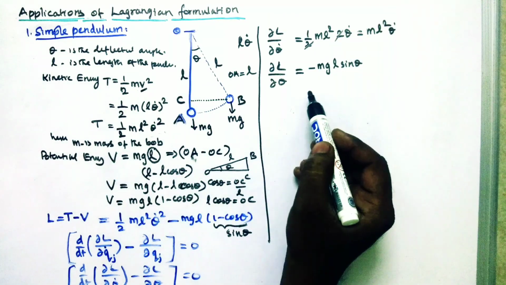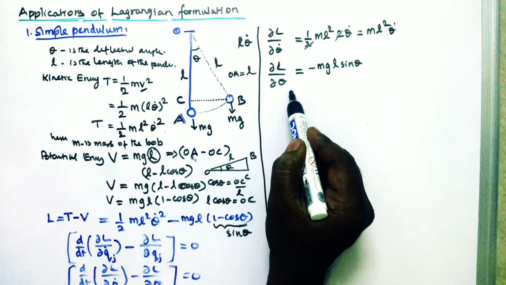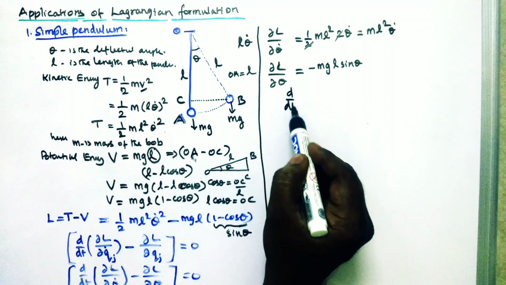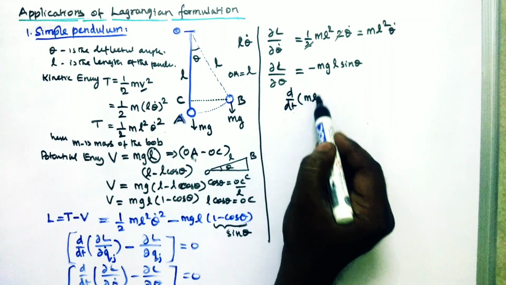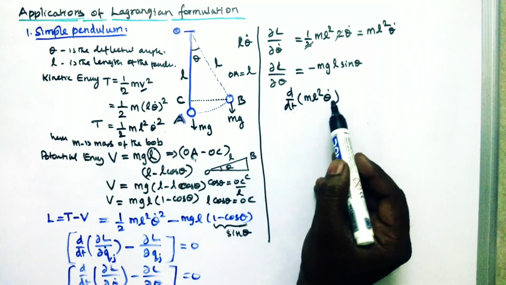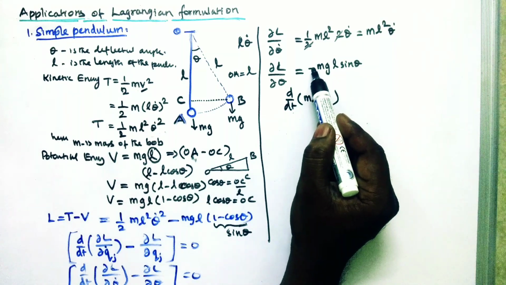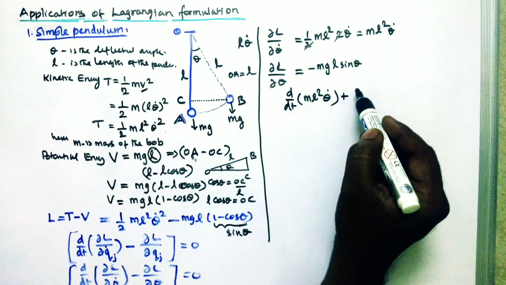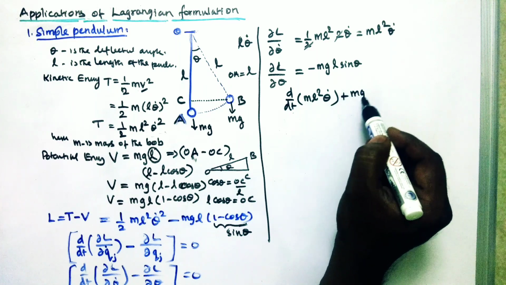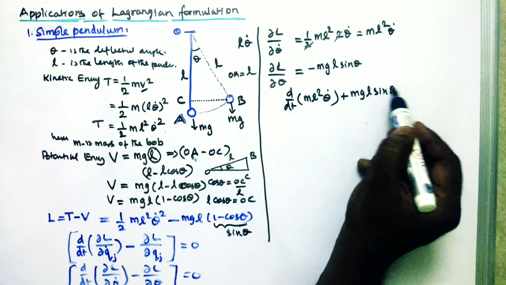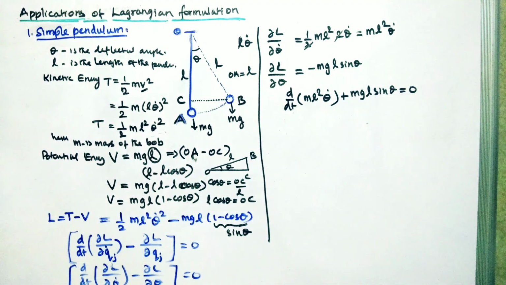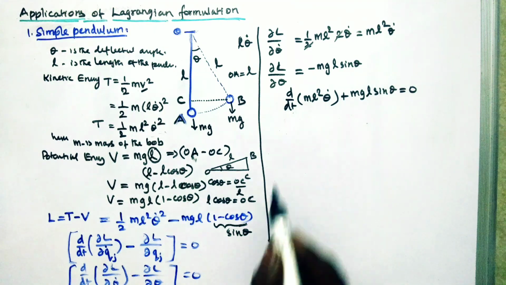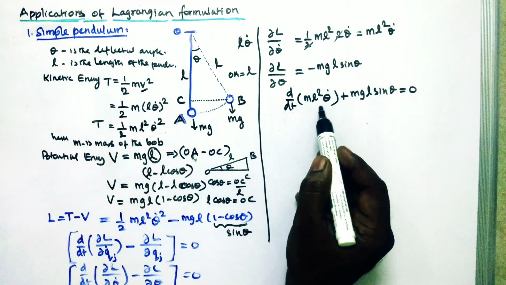Substitute these values in the Lagrangian equation, then we can write d by dt of m L square theta dot, and here 1 minus and here also 1 minus, therefore we get plus mgL sin theta is equal to 0. Then we have to differentiate here.